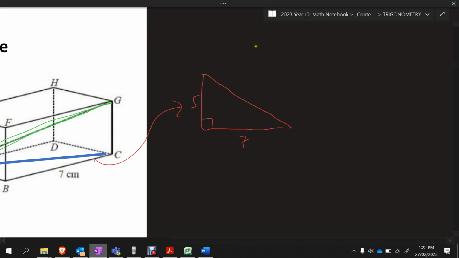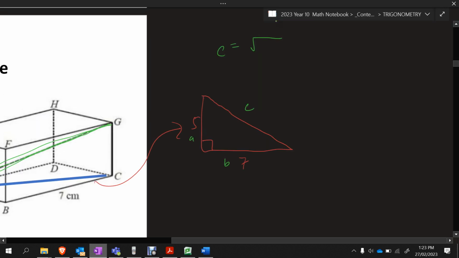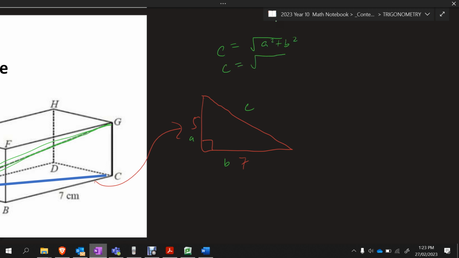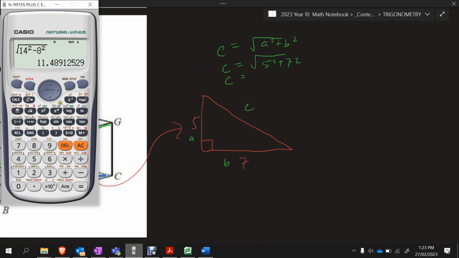What is it? C equals? Good. C equals the square root of A squared plus B squared. So that would be 5 squared plus 7 squared, which equals what? Put it in your calculator.